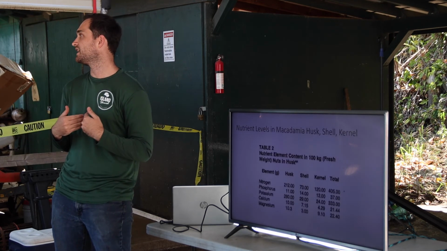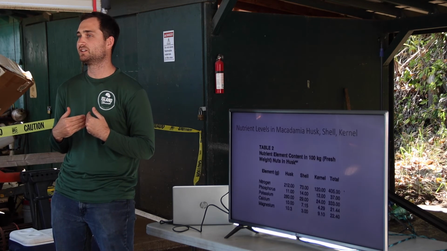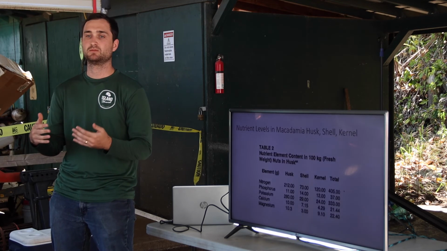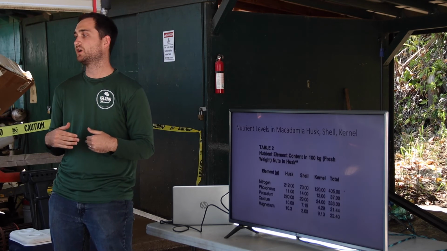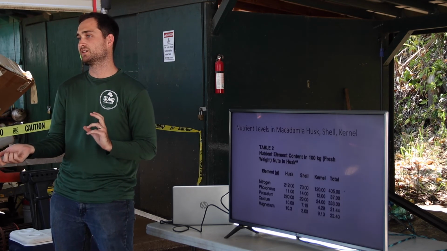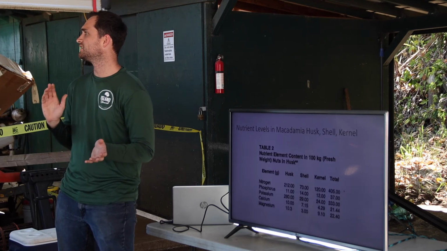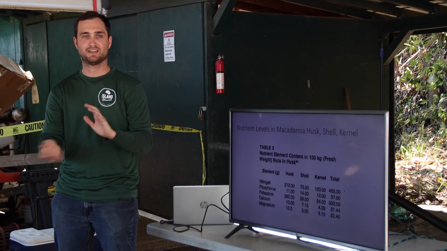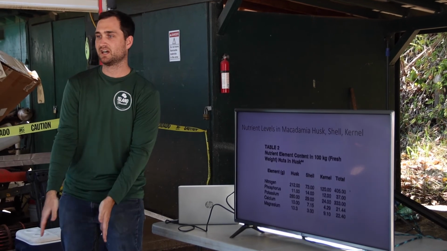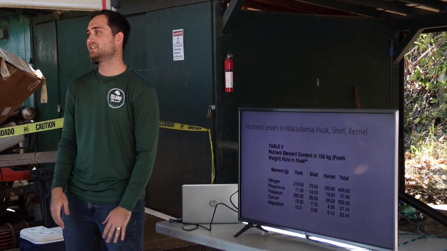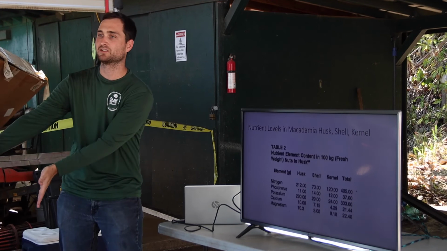If you're removing the husk and the shell and the kernel, you're probably creating more of a deficit than if you are returning the husk to the field. On our farm, we try to use mechanical harvesters that dehusk in the field so the husk is left. It puts it in the middle of the row, not near the tree.